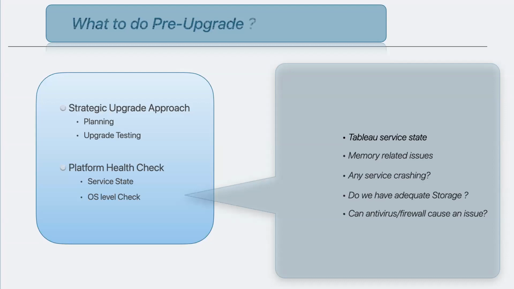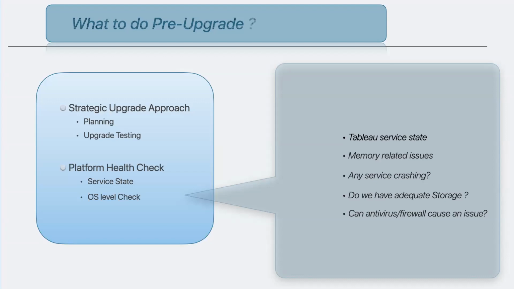Then, as I talked about service caching, make sure that you have enough storage. That is something really important. Tableau has an online documentation which helps you calculate the storage.